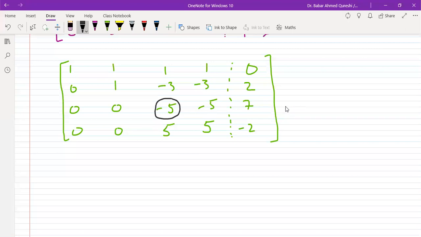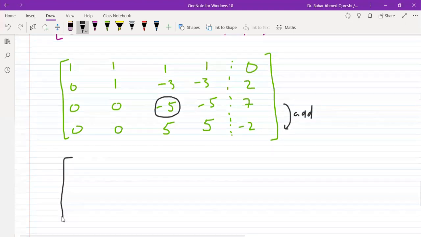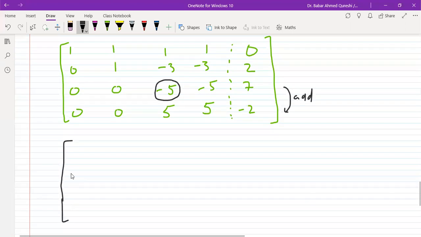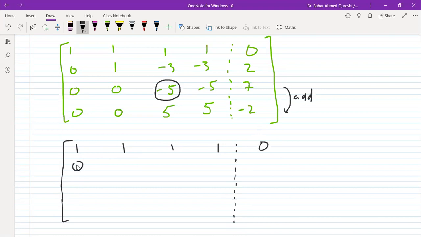Bring 0 below it. So just add. 1 1 1 1, 0 0 1 minus 3.